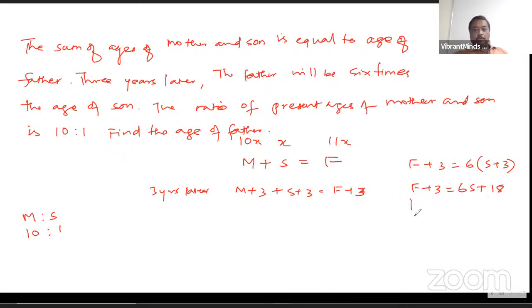So here father is equal to 6x plus 15. So solving, father is 33, and son is 3.